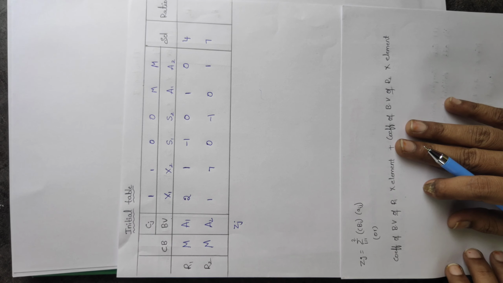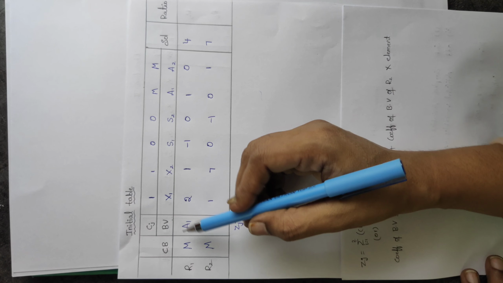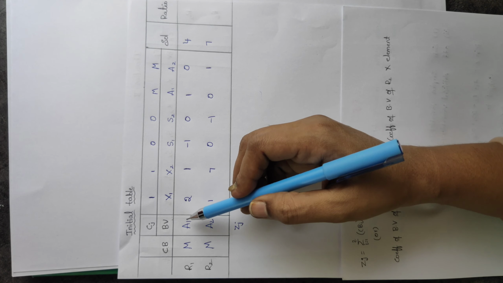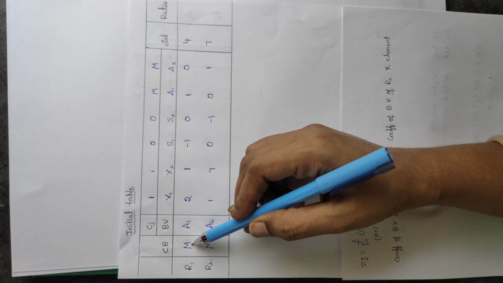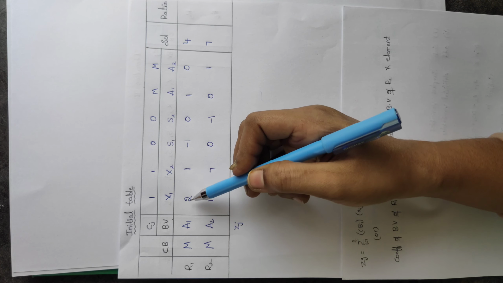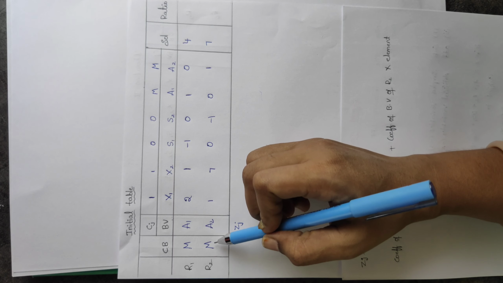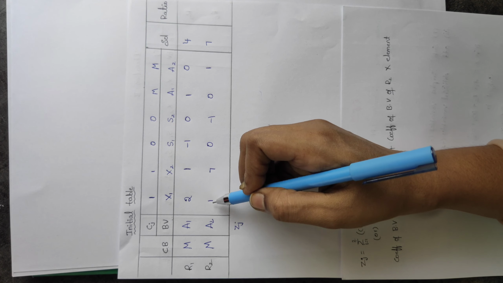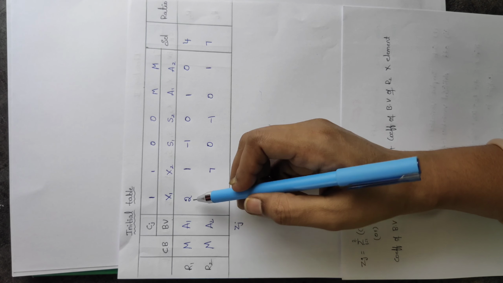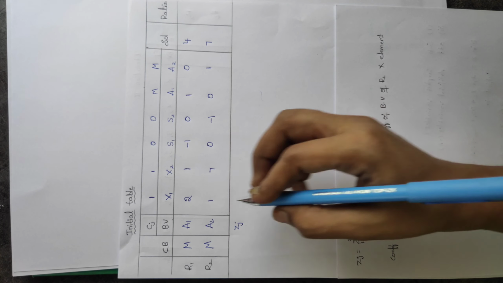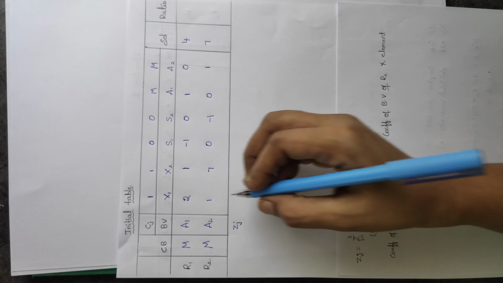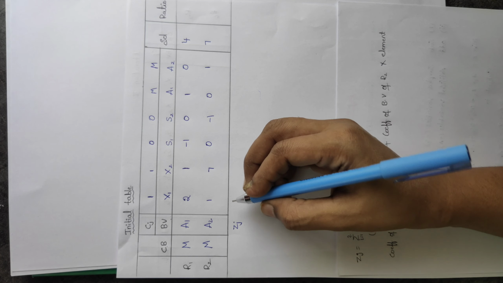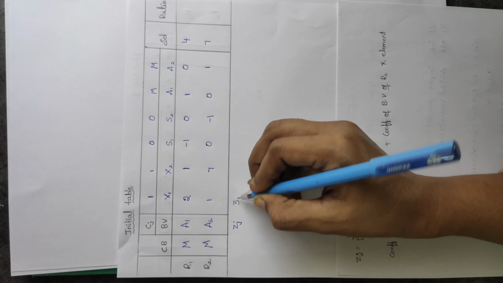See how we have to frame those values. The coefficient of basic variable M into element 2 plus the coefficient of basic variable M of r2 into element 1. That means M into 2 plus M into 1, 2M plus M, that means 3M.